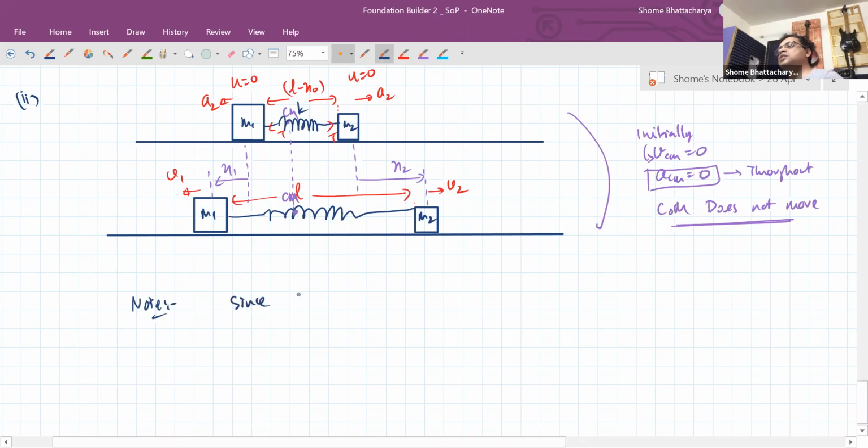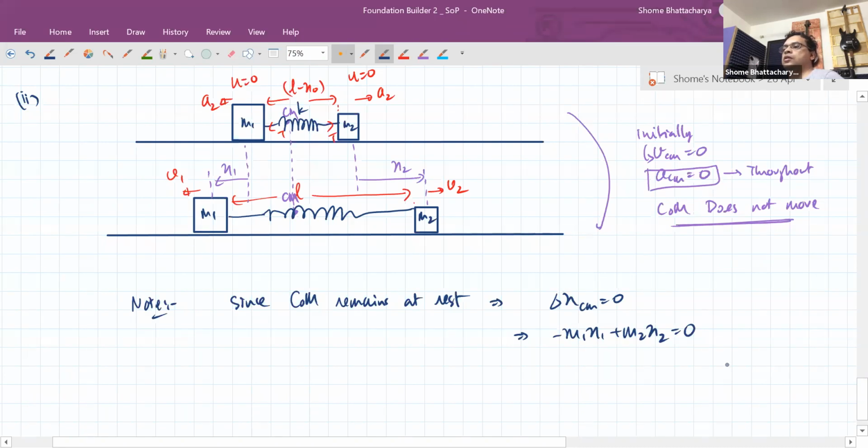Since the center of mass remains at rest, we can say that the displacement of the center of mass is 0. So that means minus m1 x1 plus m2 x2 should be equal to 0.